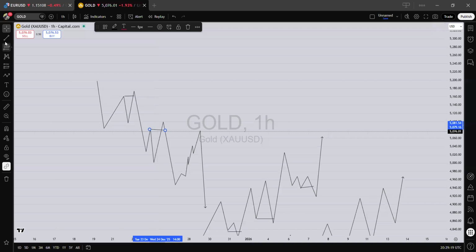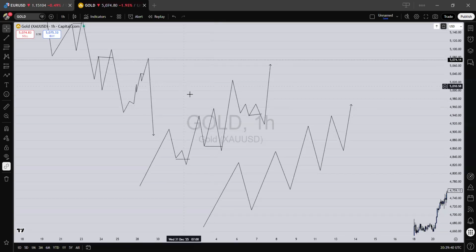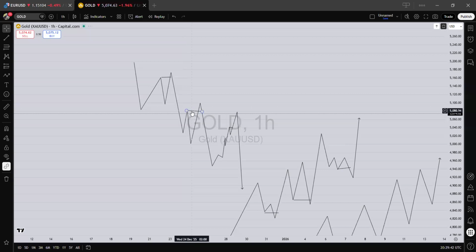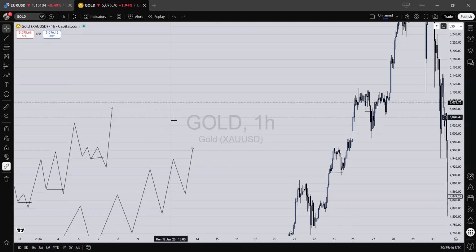Why I'm calling them buy side liquidity and sell side liquidity, I know that there are inducements and there are internal liquidities. I know. I'm calling them in a general form. Every sell side liquidity is important in the bullish trend, and I mean, every buy side liquidity is important in a bearish trend. Okay, taking that in.